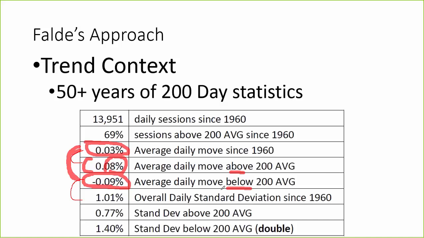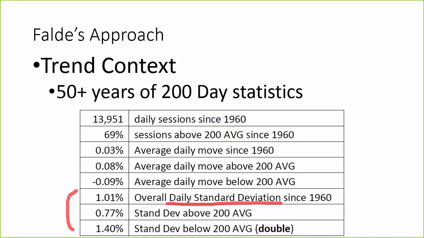But other studies that I don't have the data on in this presentation show the mean reversion and the total range of the market is so much larger that just having a constant negative bias below the 200-day moving average is actually more dangerous. So it's better to reduce overall exposure. That's what these tell you: of all the daily moves, what is a one standard deviation as a percent?